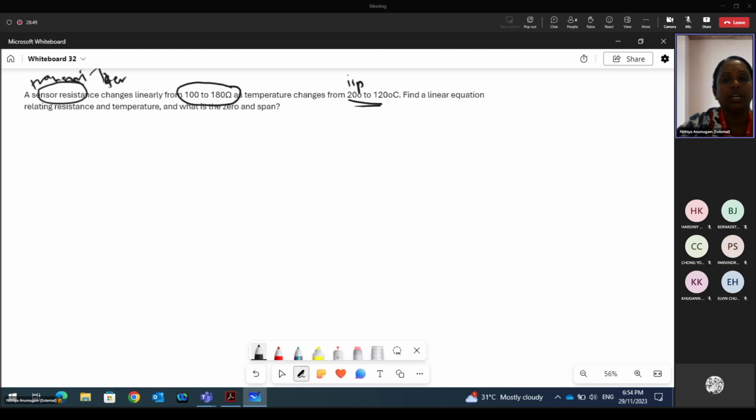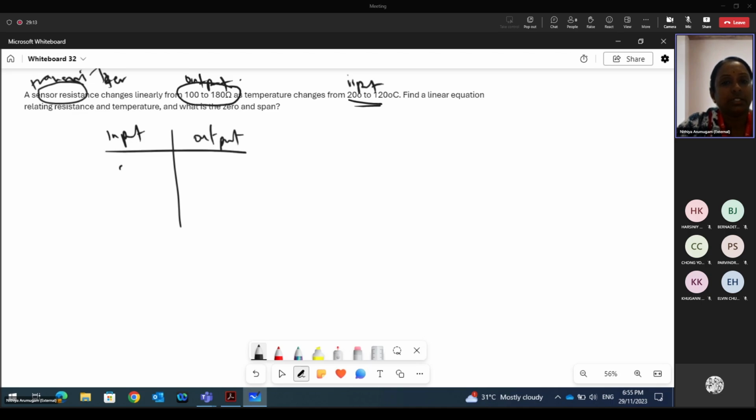So this is our input and this is our output. We need to find the linear equation relating resistance and temperature, and find out what is the zero and span.